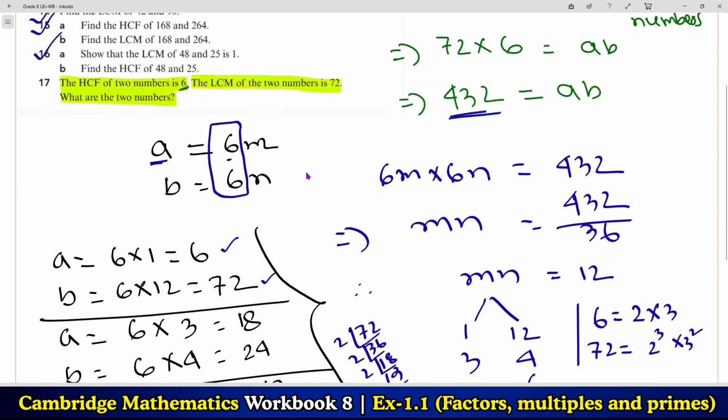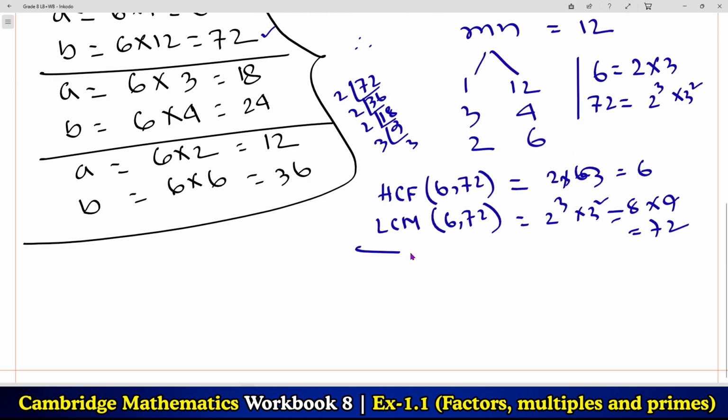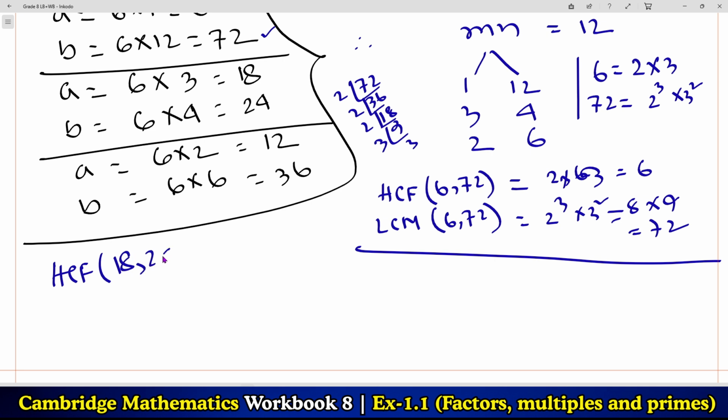So we can take this one. And another, 18 and 24, HCF. 18 we can write as 2 times 3 square, and 24 we can write as 2 to the power 3 times 3.